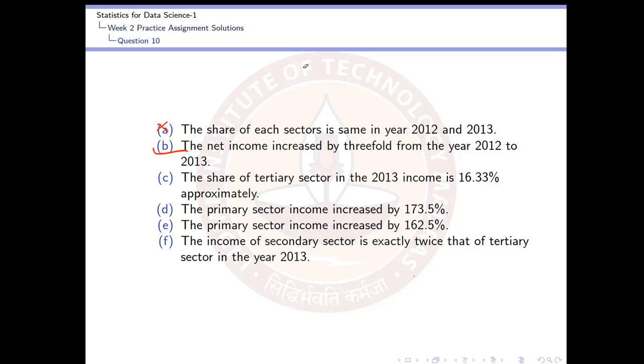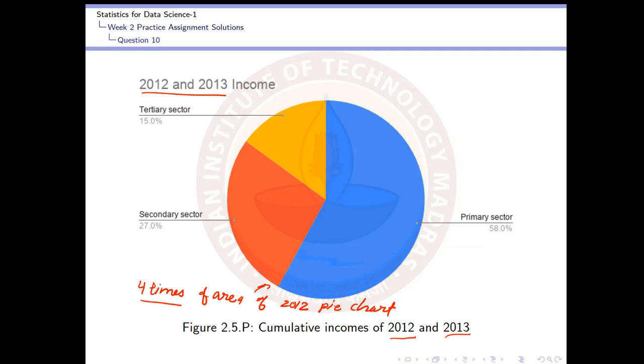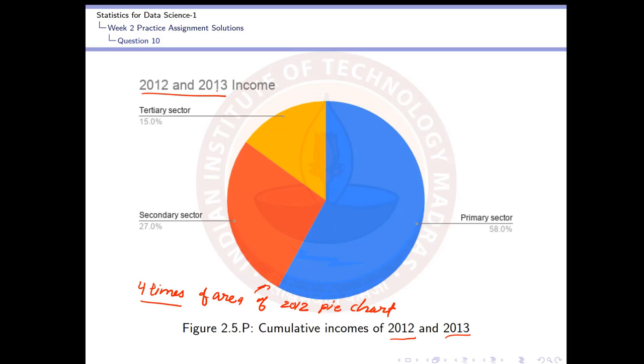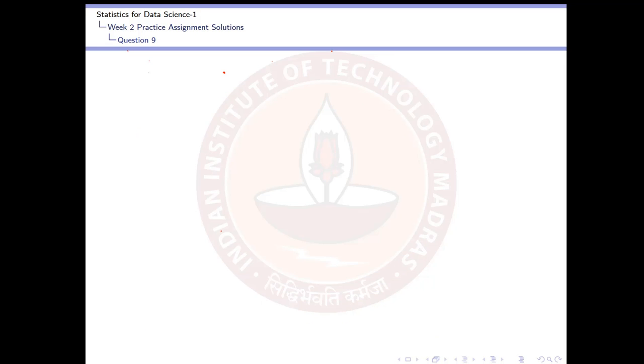So let's check C option. The share of territory sector in 2013 income is approx 16.33%. So let's check the share of territory sector in 2013. We are given the share of 2012, that is 11%, and for 2012 and 2013 it is given 15%. So let's assume total income of 2012 is 100 to make the computation easy.